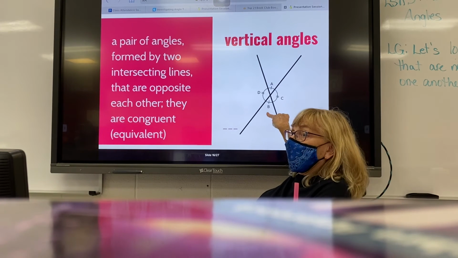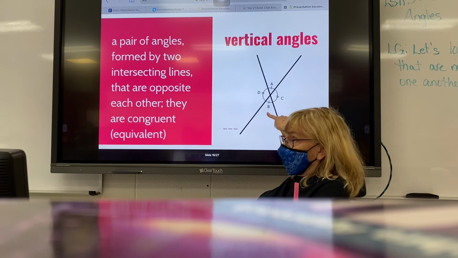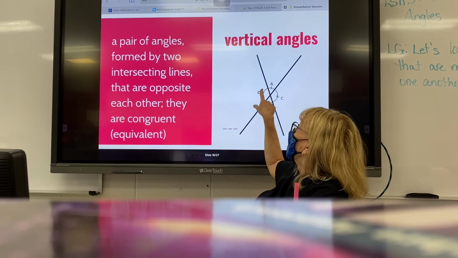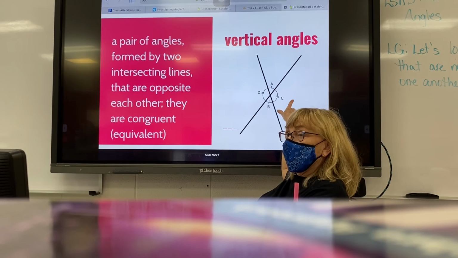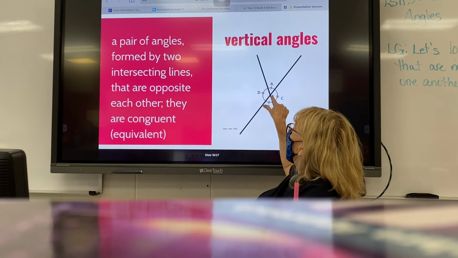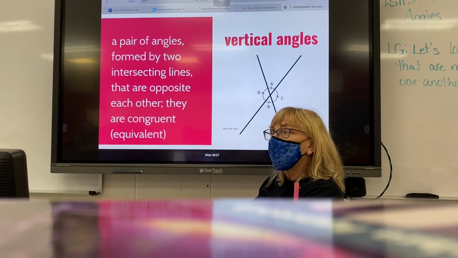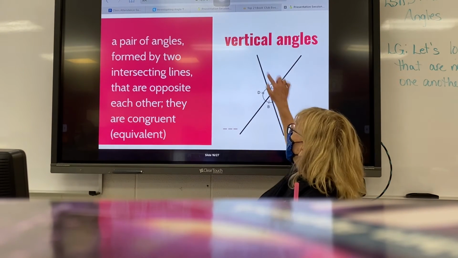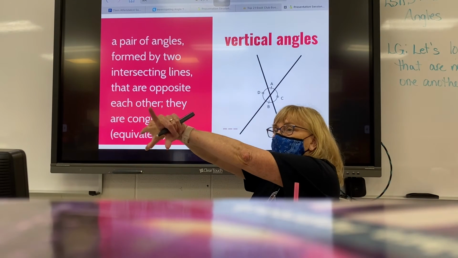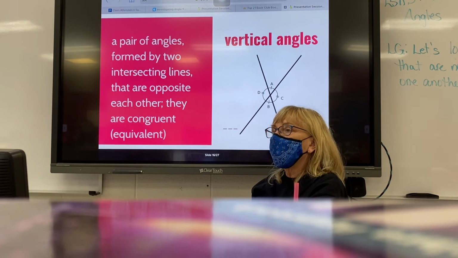A and B are vertical, and they are congruent. D and C are vertical, and they are congruent. If you think about it, they make the V, that makes them vertical. When they come in at each other, you've got V's facing each other. Those two angles are vertical.